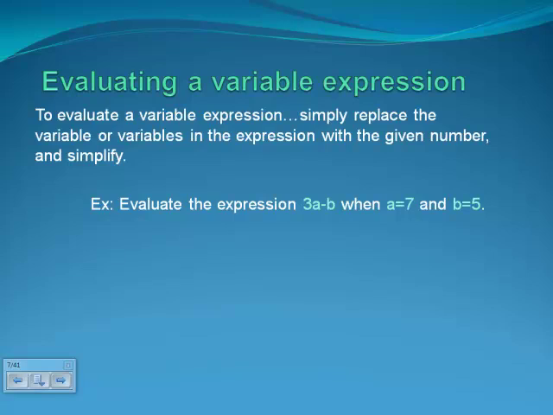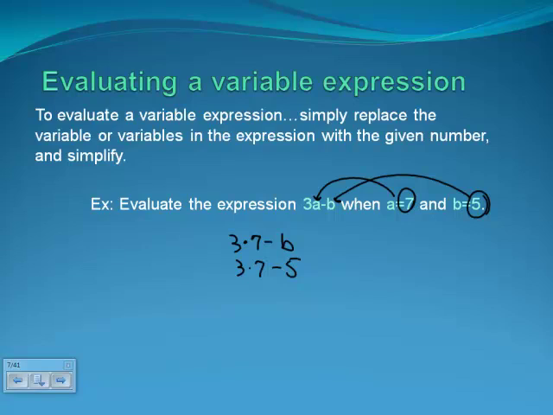So we're going to take that value for a and put it in for a. We're going to take that 5, put it in for b in the expression. Everything else stays the same. All the other operations remain the same. So we've got 3 times a, which is 7, minus b, which is 5, and I didn't put that in, so I will. 3 times 7 minus 5.